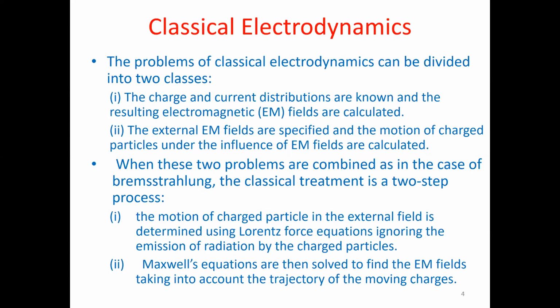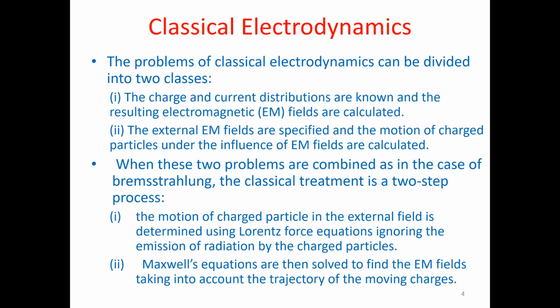The problem of classical electrodynamics can be divided into two classes. First, the charge and current distributions are known and the resulting electromagnetic fields are calculated. Second, the external EM fields are specified and the motion of charged particles under the influence of EM fields are calculated.